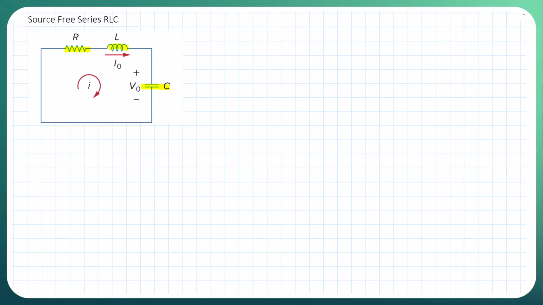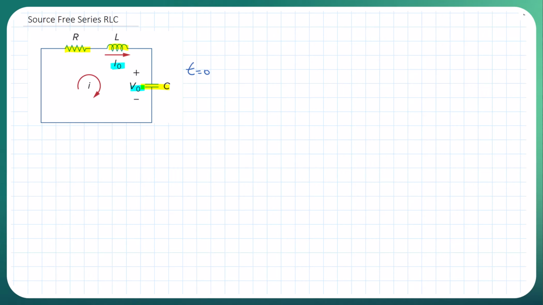Okay, so we know that the energy at time 0 that's going to be stored in the capacitor is going to be represented by V0 here, and the current that's in the inductor is I0. So this is at t equals 0. Okay, and we want to solve for those.